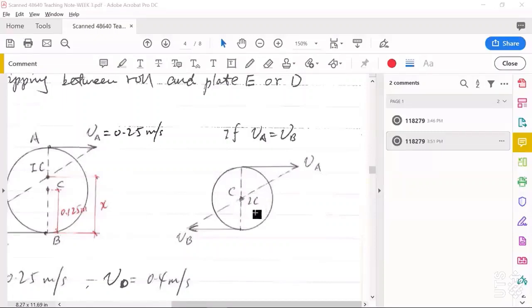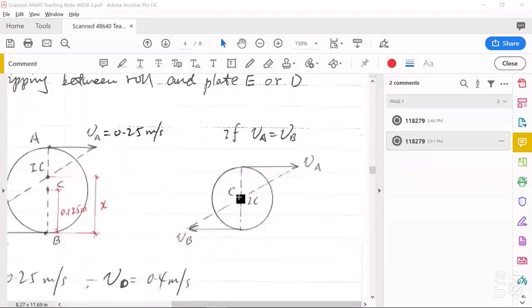It becomes a rotation about this circle center C at any instant. And this will be a rotation about a fixed axis through point C, because C is always the IC point in this case.